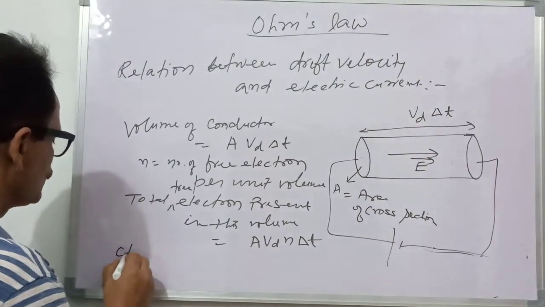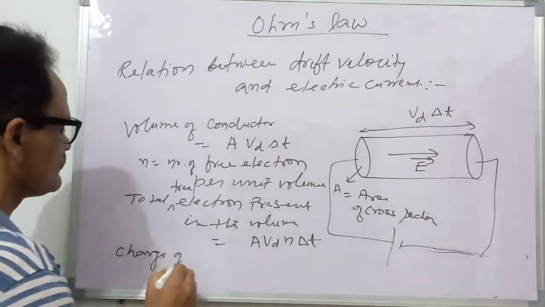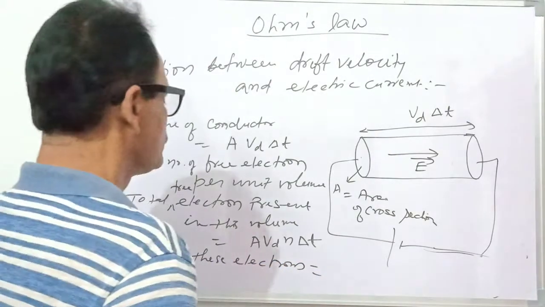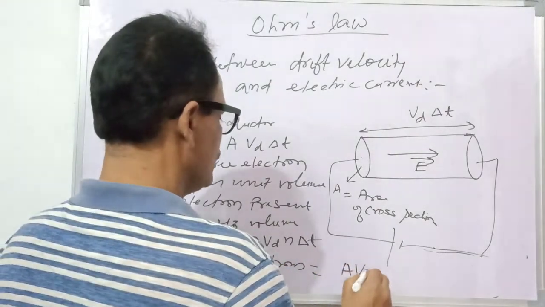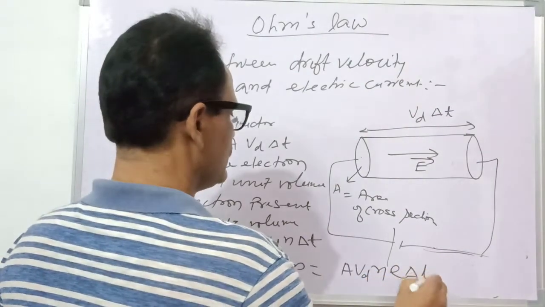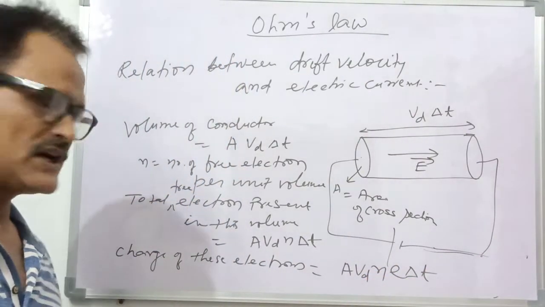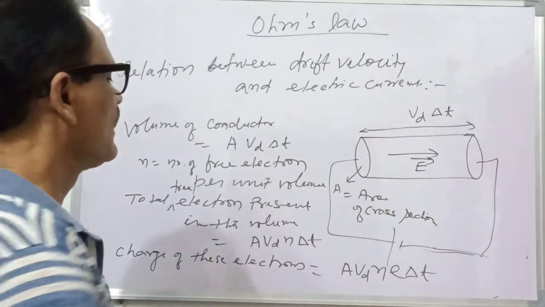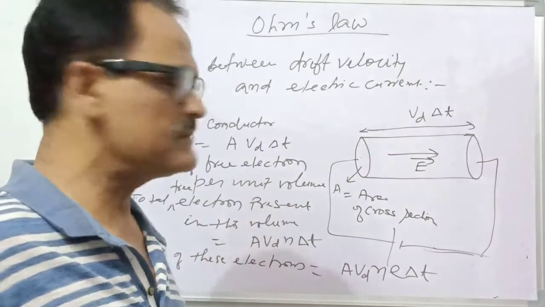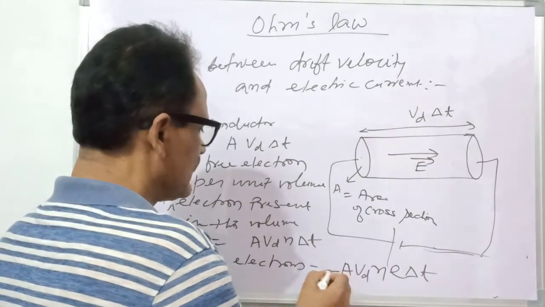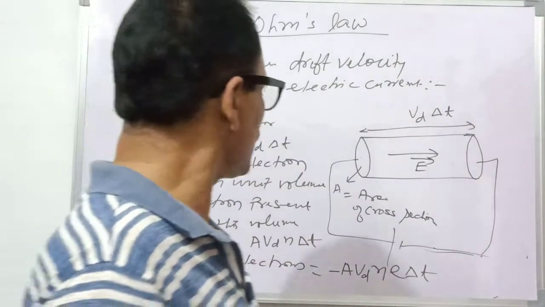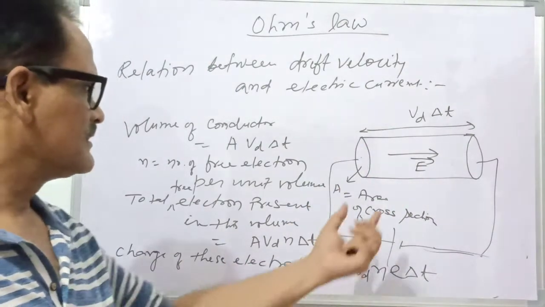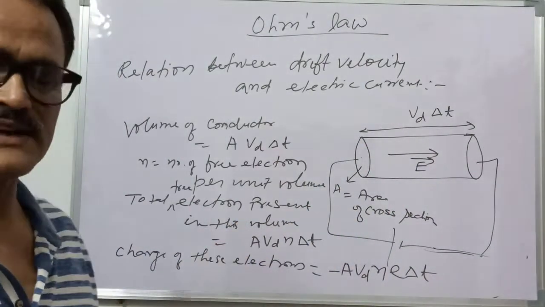The charge of these electrons is equal to A Vd n e delta t, where e is the charge of the electron and its magnitude is 1.6 into 10 to the power minus 19 coulomb, and since the charge of electron is negative, I am putting the minus sign here. This is the total charge carrier present in this cylinder.